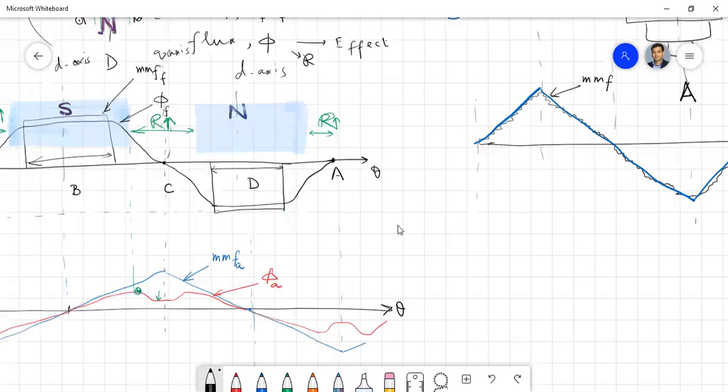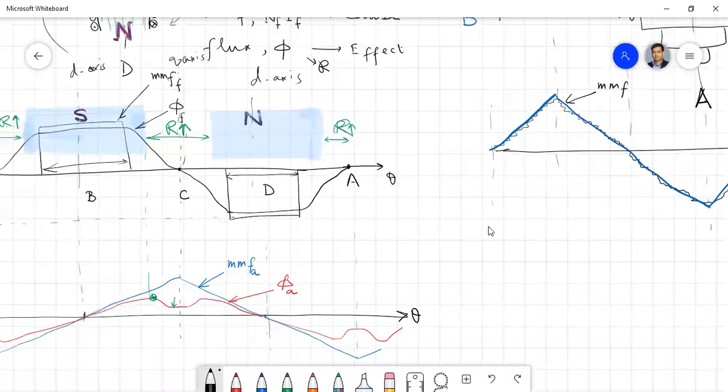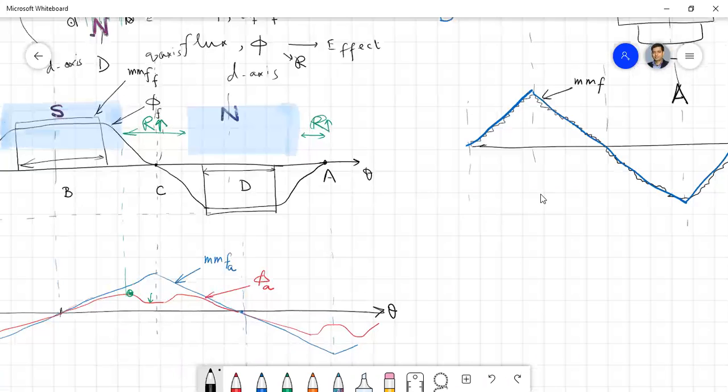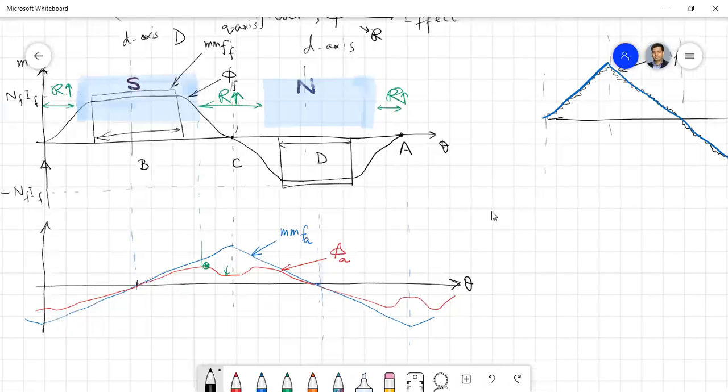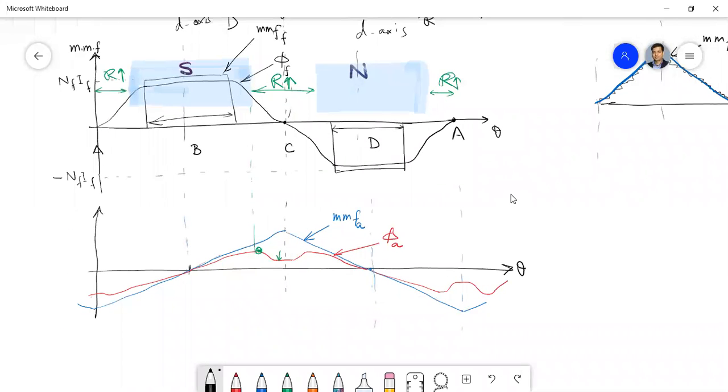And if the size of the stairs is very small, then we can approximate that staircase distribution to a triangular distribution. So the MMF due to the armature, we can think of as a triangular distribution. That is what we have shown here also, relative to these main poles or field.